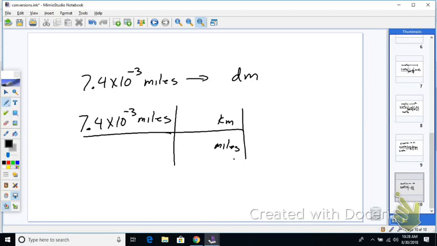So the left side always has 1 with the English unit. So on the left side, those are all 1s, all the way down. 1 square inch, 1 square foot, 1 square mile, 1 acre, all the way down. 1 gallon at the bottom. Those are all 1. And then it compares it to the kilometers, and that would be 1.61. Okay, that's how you use it.